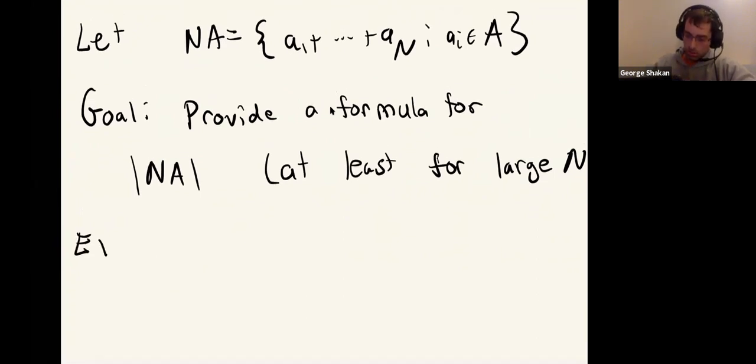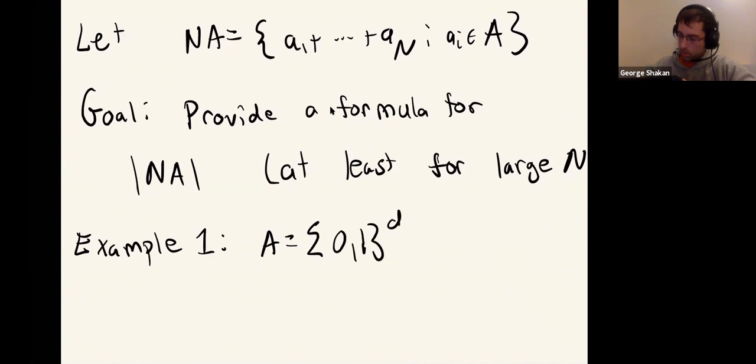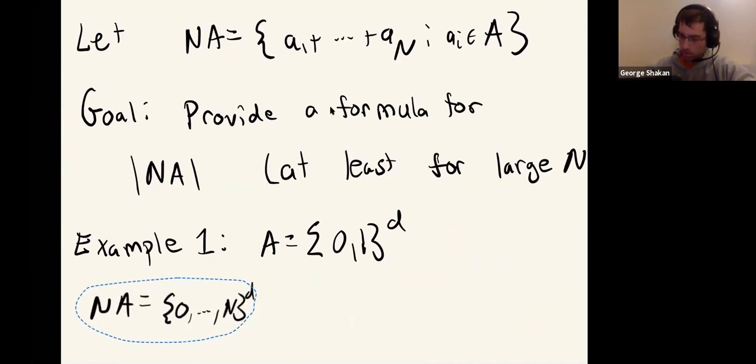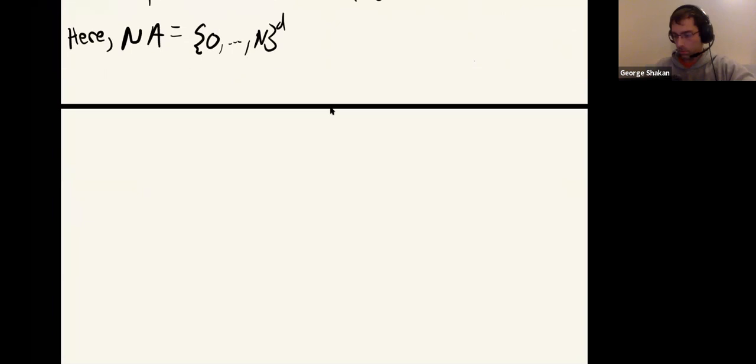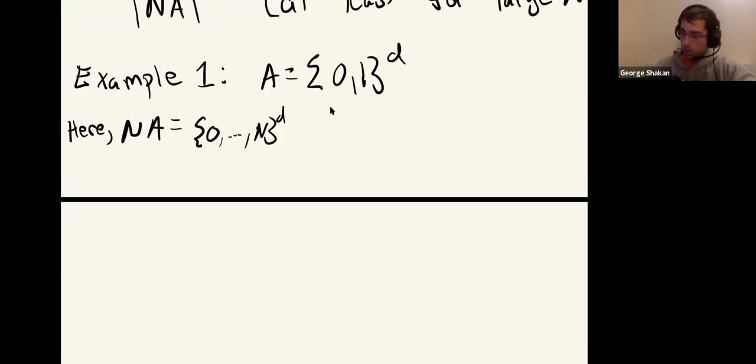Let's see some quick examples to ease ourselves into this. I'll give a couple easy ones. Suppose you have the d-dimensional cube. Then, given this exact representation, we can compute the formula explicitly.